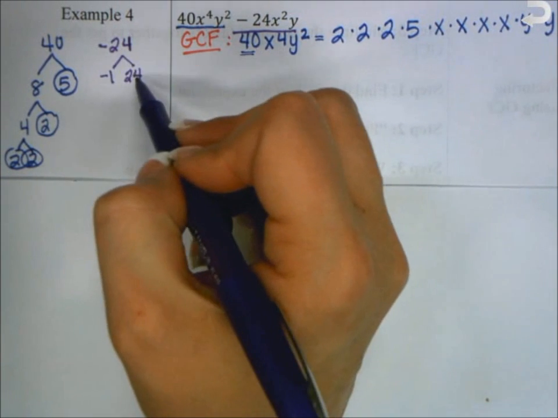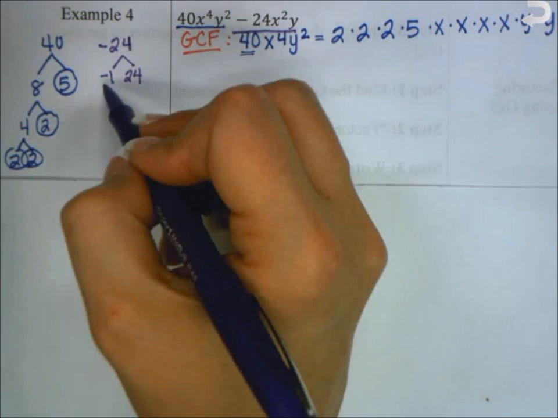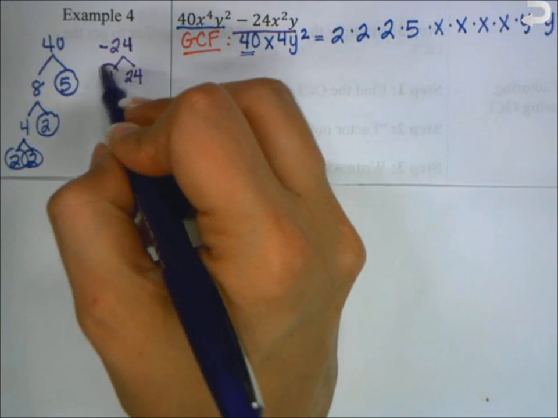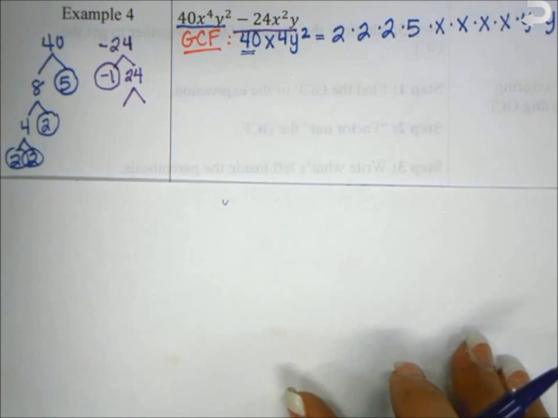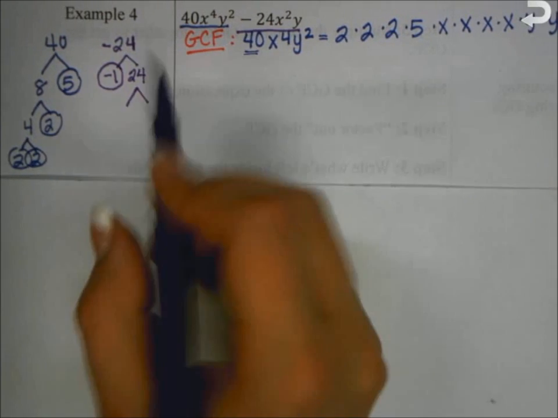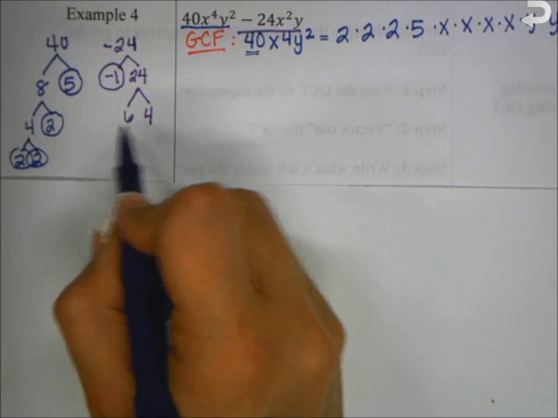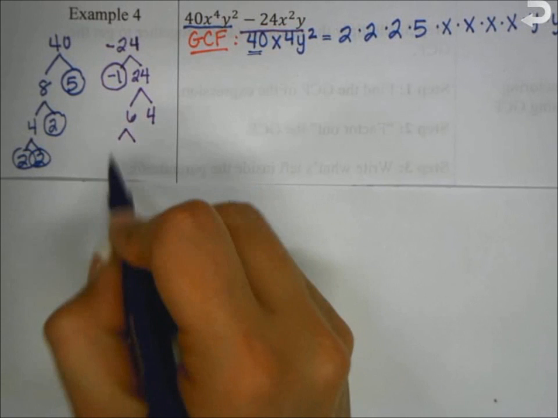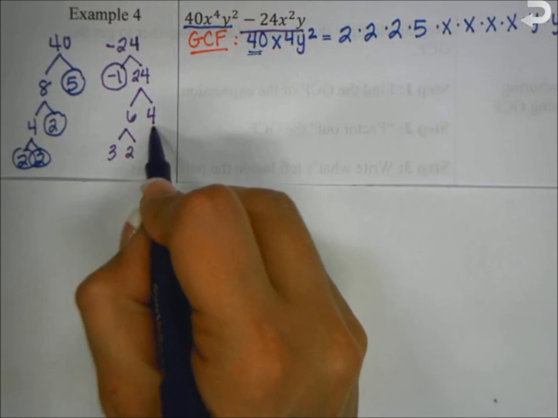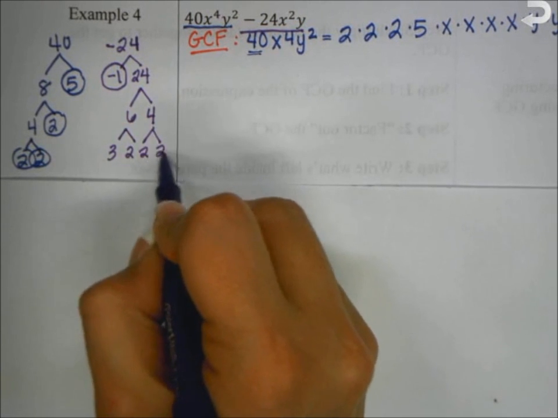Now let's break down 24. What are two factors of 24? 6 and 4. Are either of these a prime number? No. 6 breaks down to what? 3 and 2. And 4 breaks down to 2 and 2. So here's my primes. So we have negative 24x squared y.